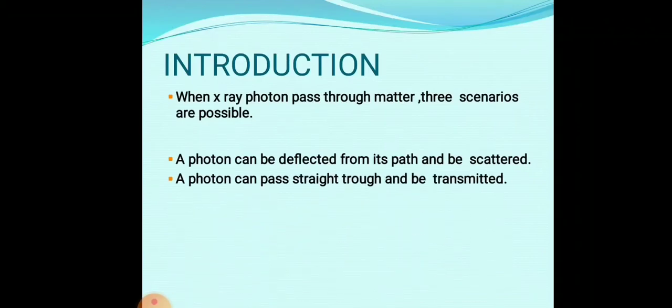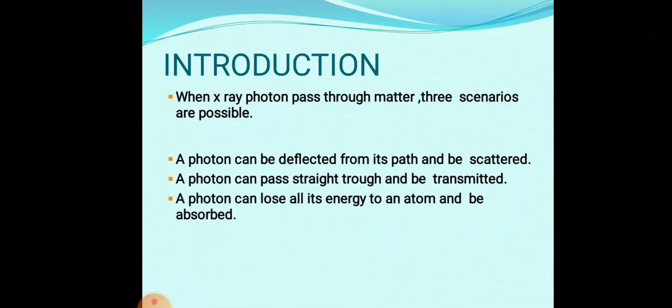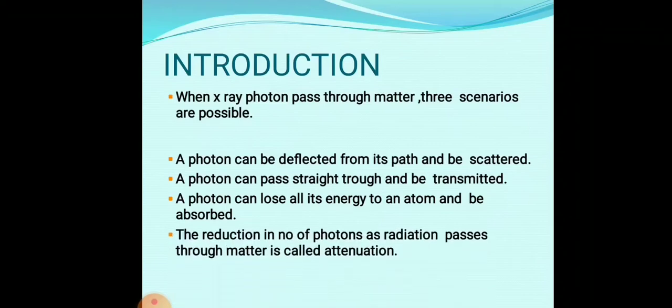Second, a photon can pass straight through and be transmitted. Third, the photon can give all its energy to an atom and be absorbed. The reduction in the number of photons or radiation passing through matter is called attenuation. That means something is being reduced.